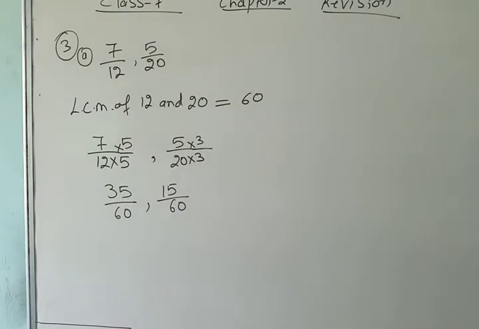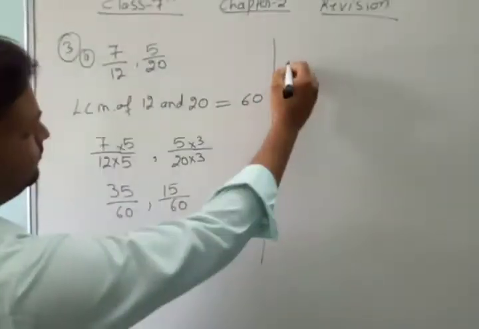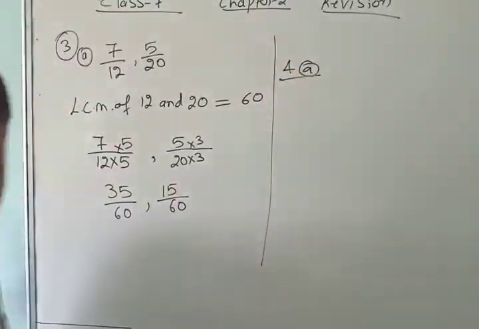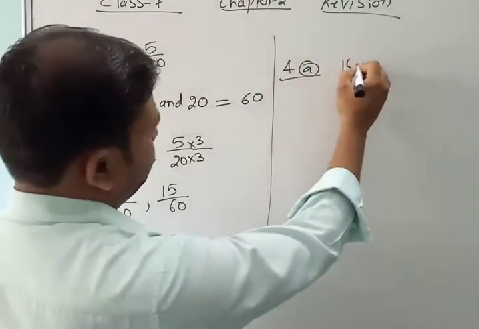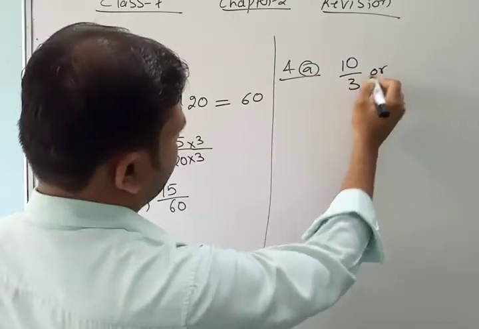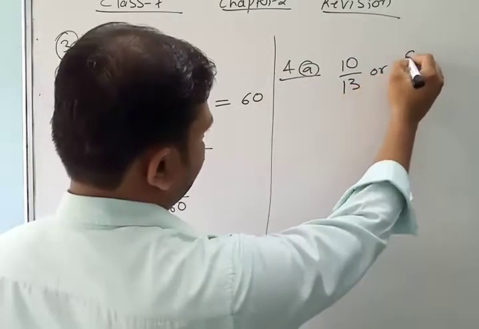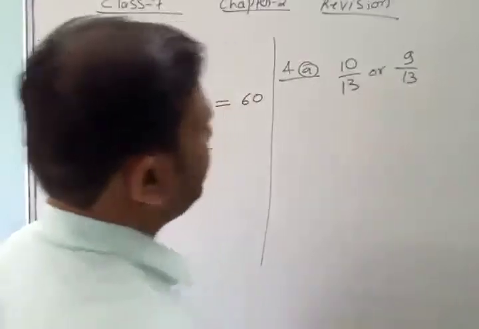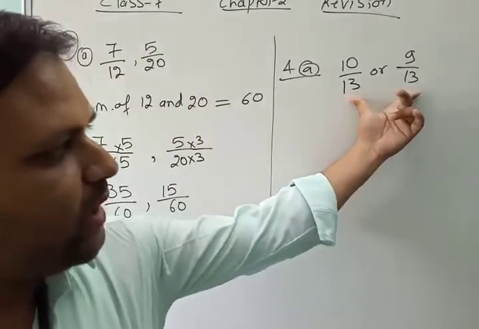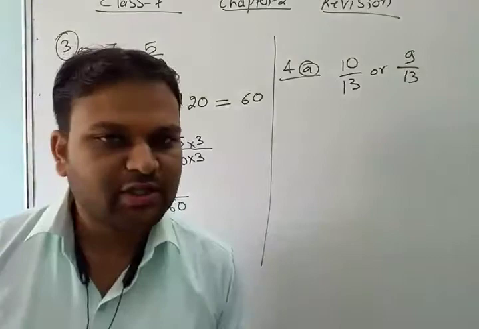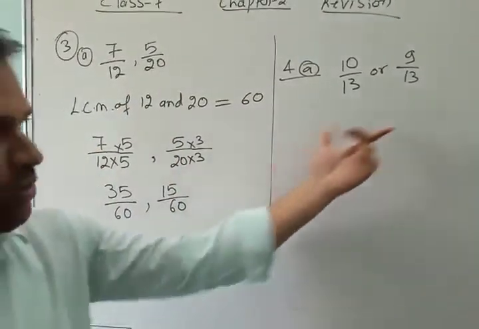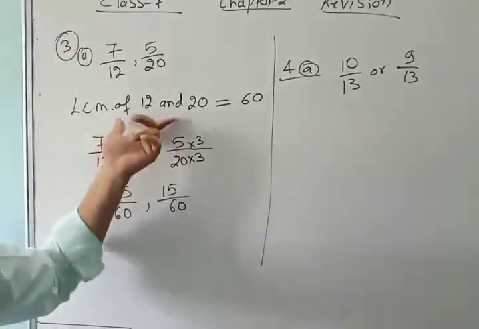Then come on, next question, that is 4 A. Which is greater, 10 upon 13 or 9 upon 13? Here the denominator part is already the same. If the denominator part is not the same, make it the same by taking LCM.